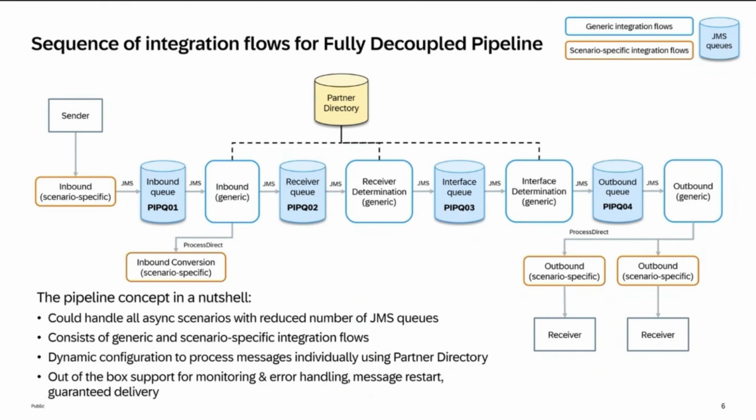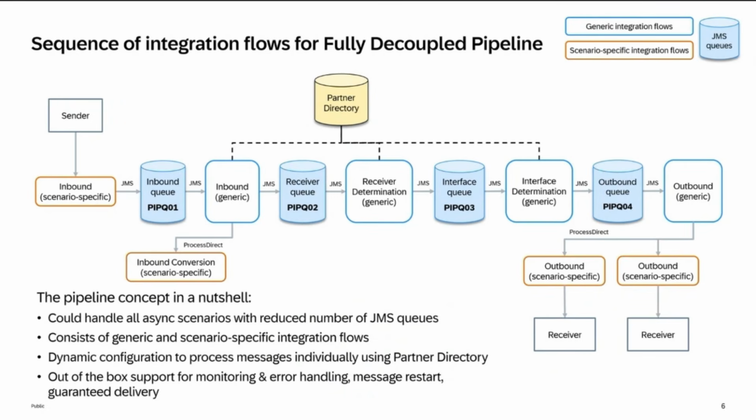And then the last flow, the generic outbound flow, is just handling the restart of messages if the next flow fails, and passing the message to the right scenario-specific outbound flow, right?